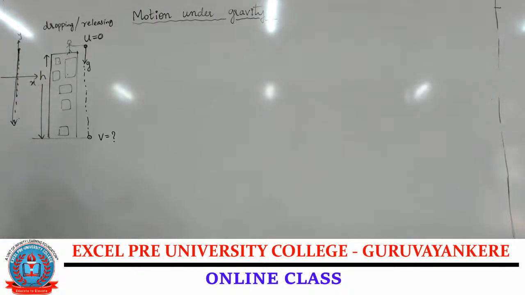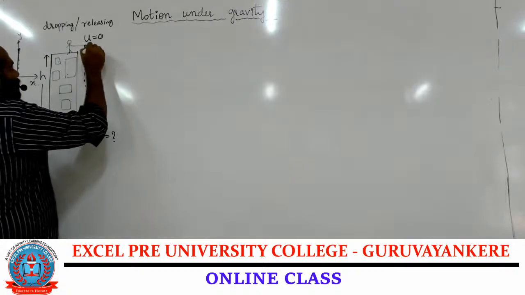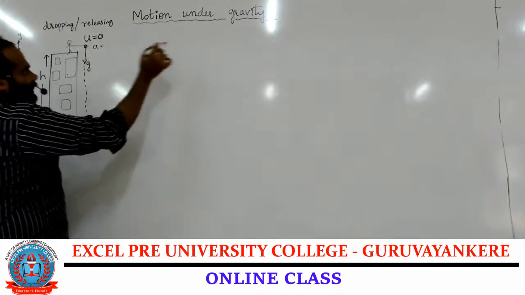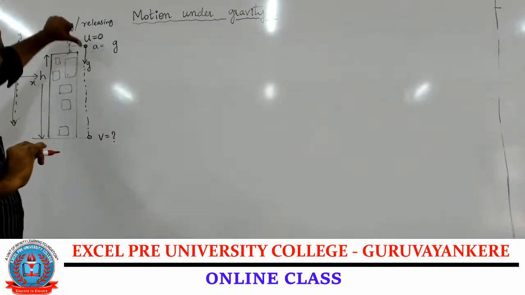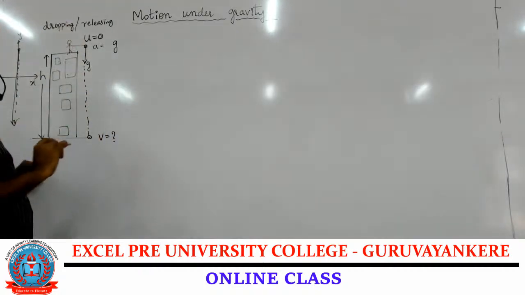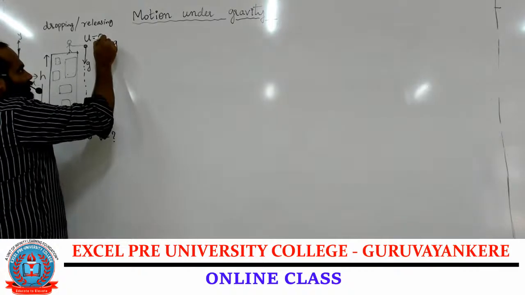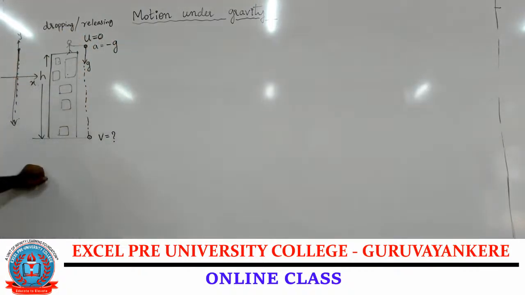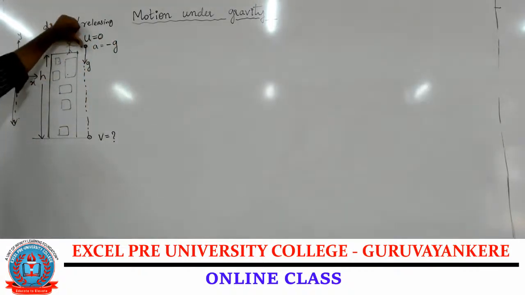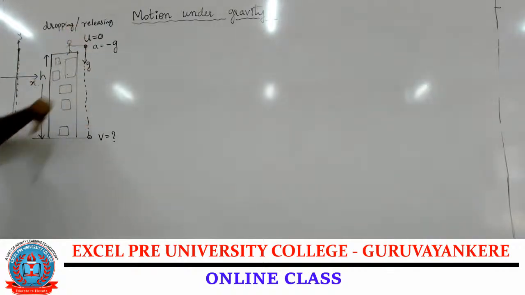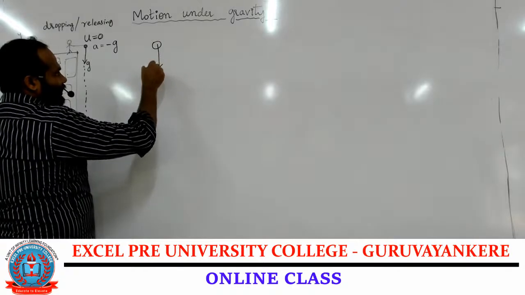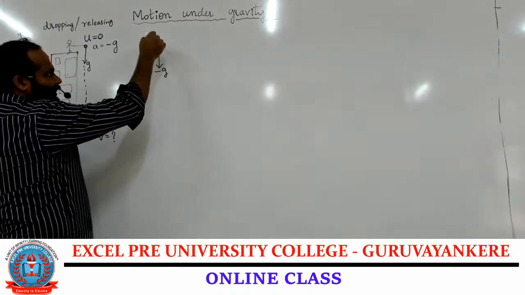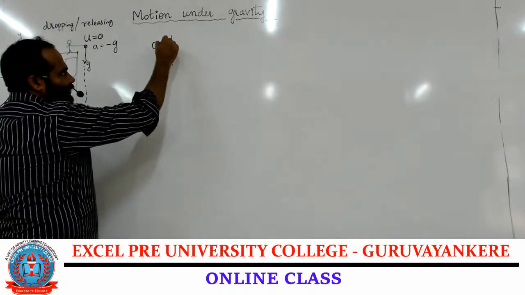The acceleration due to gravity, which we denote as g, is also vertically downwards, so by sign convention we take it as minus g, because it acts along the negative y-axis.